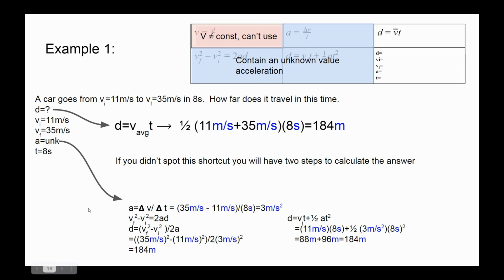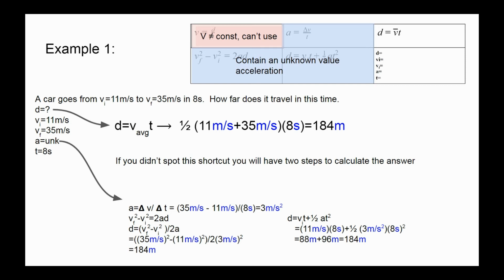And once you compute the acceleration of 3 meters per second squared, you can use either the time-independent equation or the quadratic one to get exactly the same answer. Now tell me, what would you prefer to do? That's why you really want to watch when you can use this v_average × t.